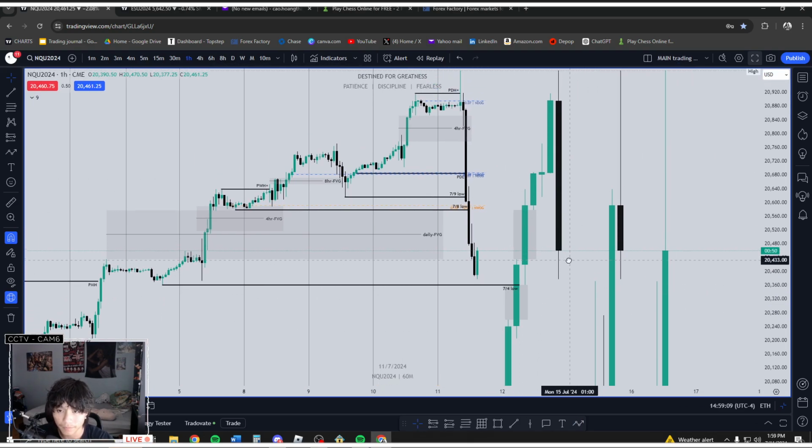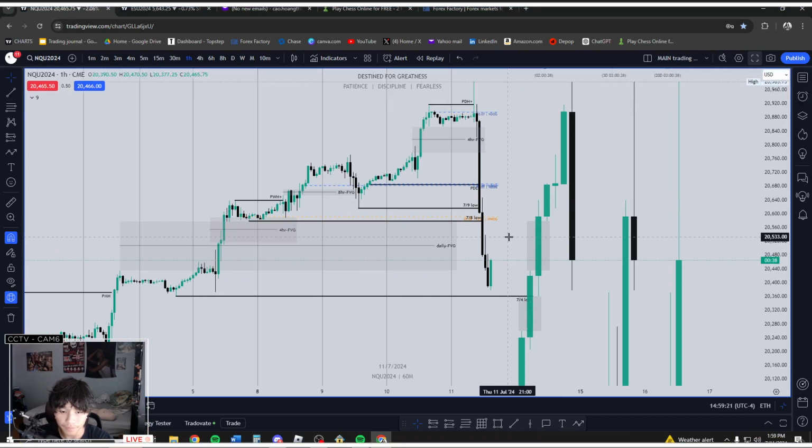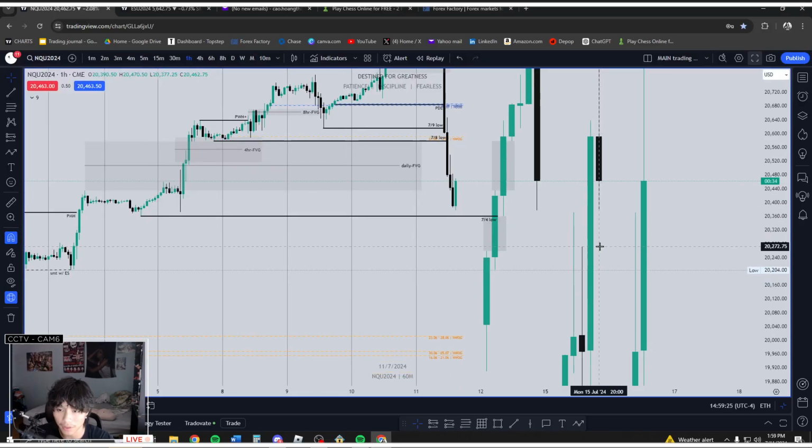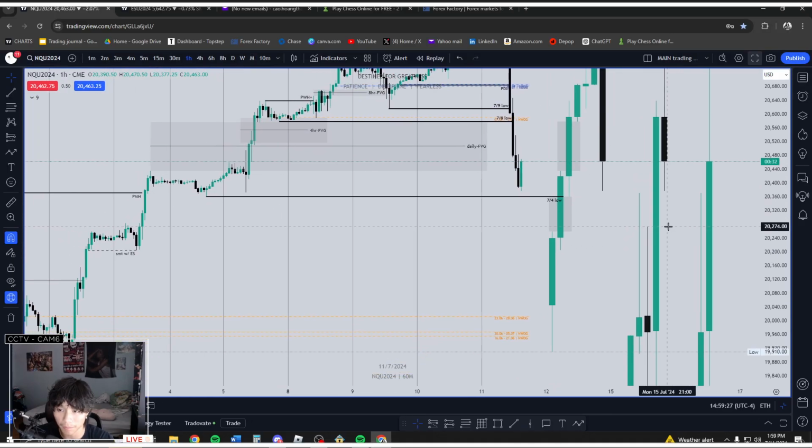Like I said, it depends on how we close today. We still have about an hour left of trading, but I am going to anticipate for us to take out previous day low and hopefully see lower prices and maybe come into previous week's high or the previous 2 weeks prior high.